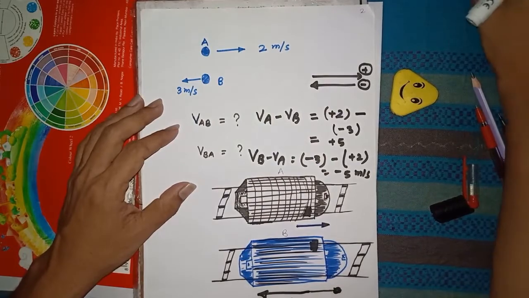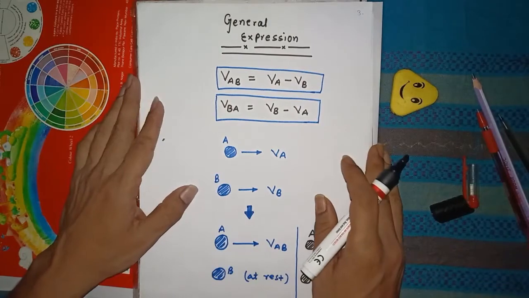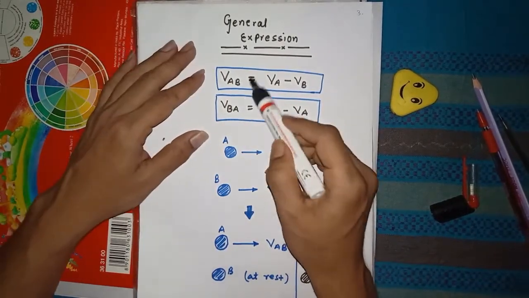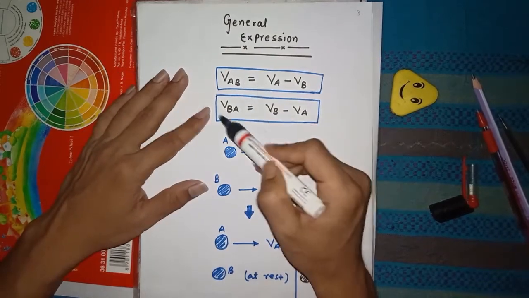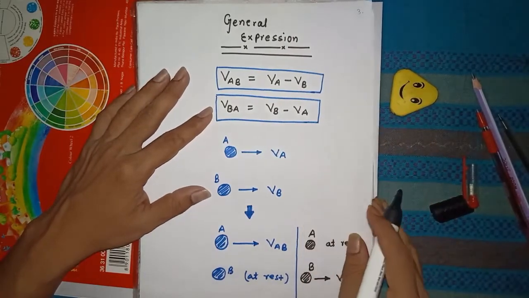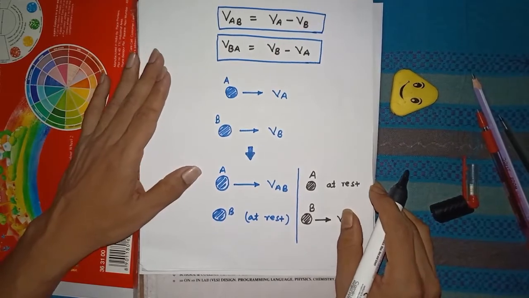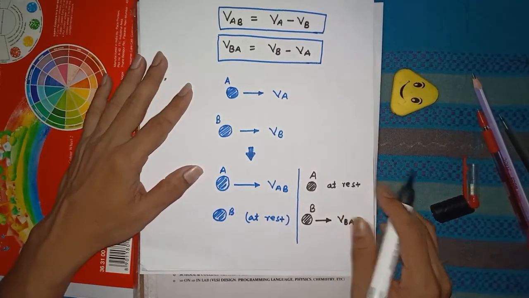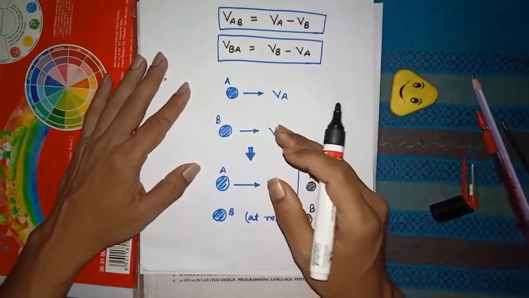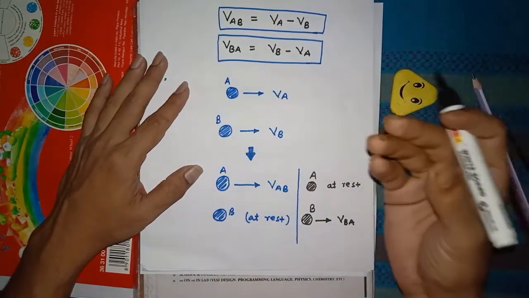So I give you the general expression for relative velocity: VAB is VA minus VB, where the observer is B. What I have told you is that relative motion means that if you take a reference frame, you have to treat its velocity as 0.